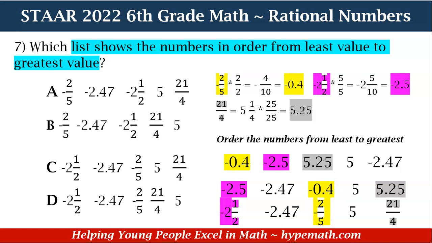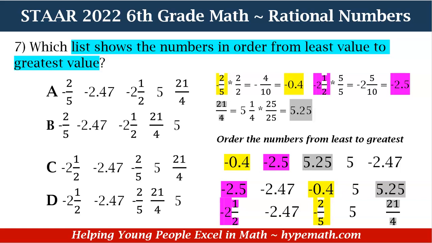Now, one thing I want to give as a friendly reminder, 6th graders, is whenever you have negative numbers, the larger the negative number, actually the smaller it is because it's negative, okay? So we're going to start with looking at our numbers. We have 3 negative numbers.